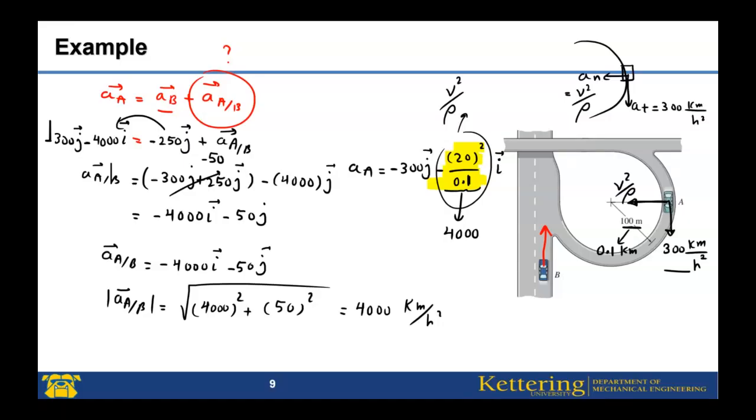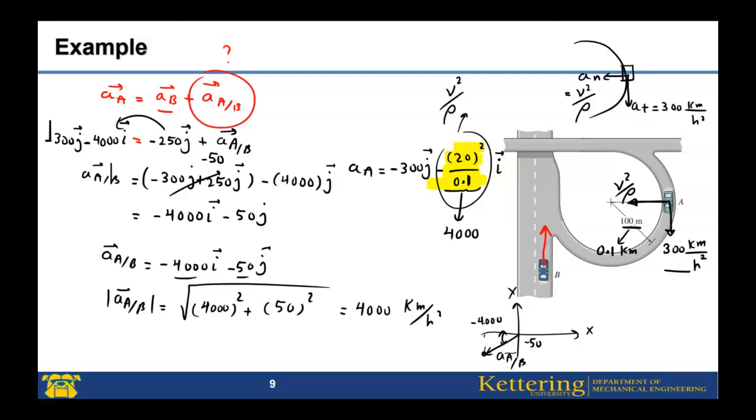And also, we want to find the direction of this one. If we draw this acceleration in the xy coordinate system, because these two components are negative, this is the acceleration of the A with respect to B. This one is minus 4,000. This one is minus 50. Now, if we find this angle, we can show the direction.